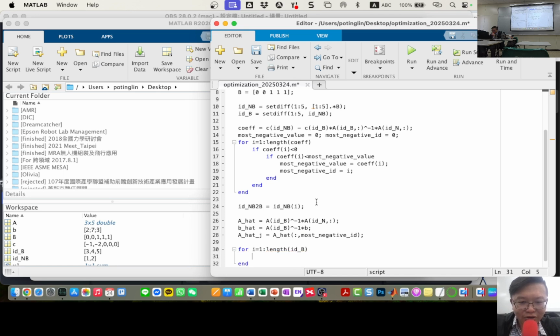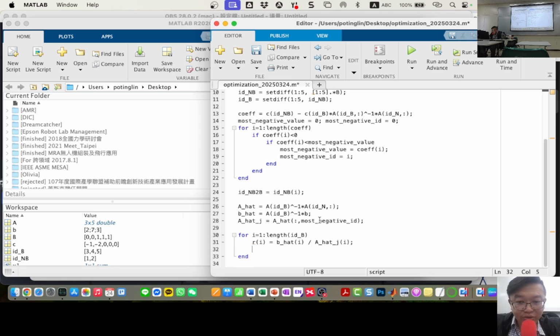And then I will just call it RI equals B hat ith divided by the A hat J ith. But sometimes I will be dividing by 0, so this is not good for computers. If the bottom part is 0, you do nothing.